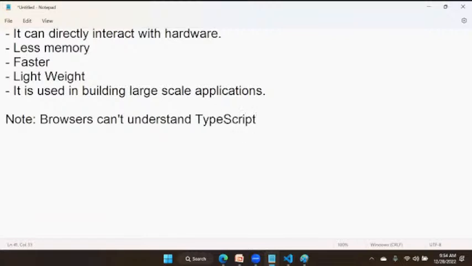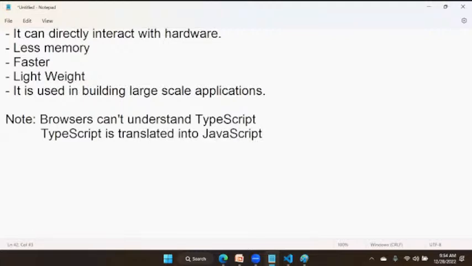Browsers can understand only JavaScript, nothing else. In that case, TypeScript needs to be translated into JavaScript. We need to translate TypeScript; TypeScript is translated into JavaScript.